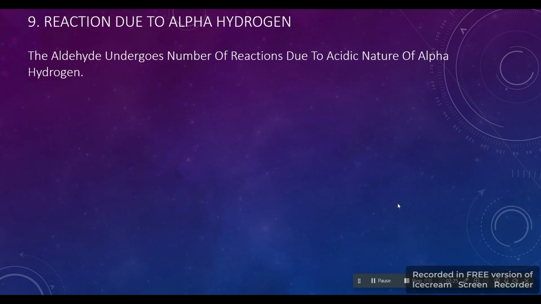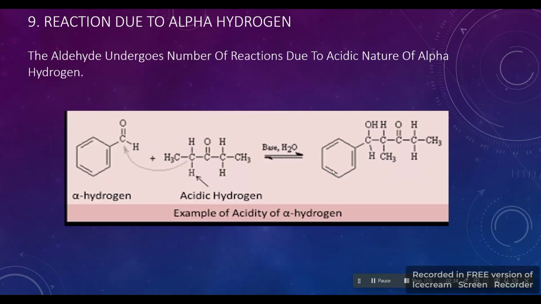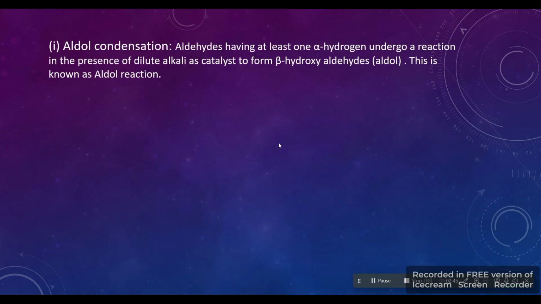Now the reaction due to alpha hydrogen. The aldehyde undergoes a number of reactions due to the acidic nature of alpha hydrogen. Here is a basic mechanism of acidity of alpha hydrogen in presence of base. Okay, now aldol condensation.